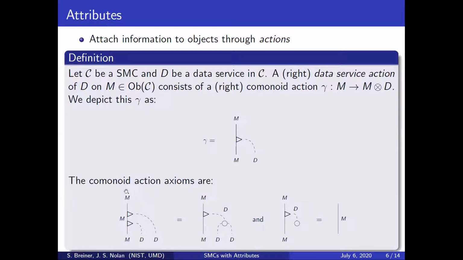And the axioms, the comonoid action axioms for this, are basically saying that if you get out the location of a robot and then you get the location of the robot again, that's the same as if you had just gotten the location once and then copied it. Same thing for other attributes.